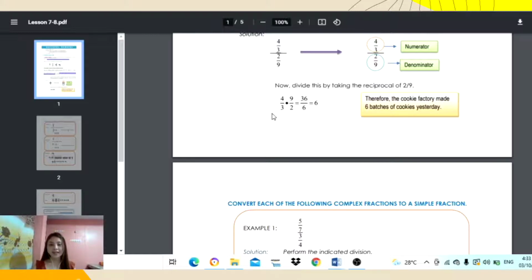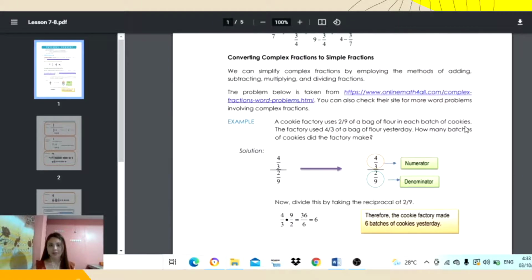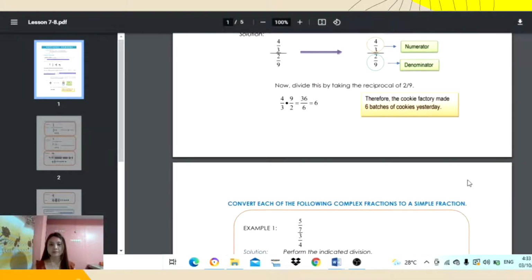And then multiplying these fractions, we'll get 4 times 9, we have 36, and 3 times 2 is 6. So simplifying 36 over 6, we'll get 6. Therefore, the cookie factory made 6 batches of cookies yesterday. So that is the solution for this problem.